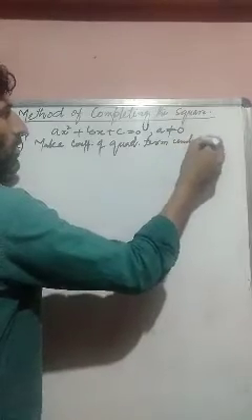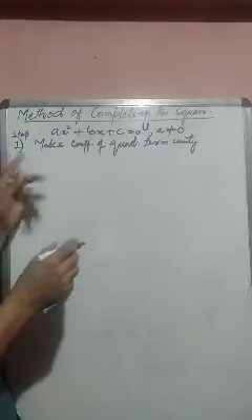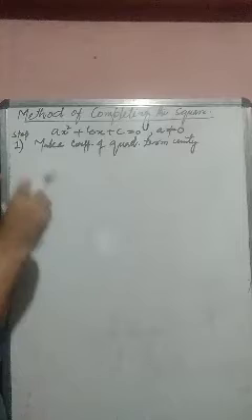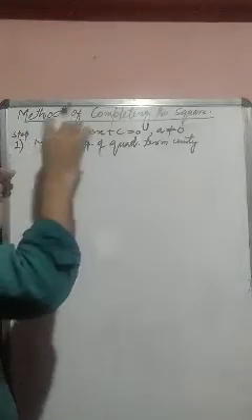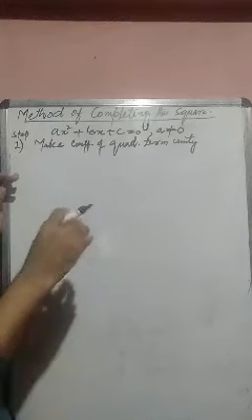Unity means 1. So for that purpose, we have to check what is the coefficient of the quadratic term. Divide the whole equation on both sides by the coefficient.